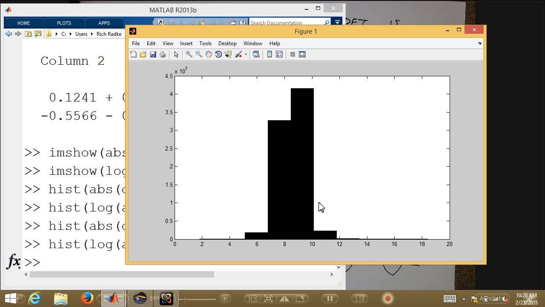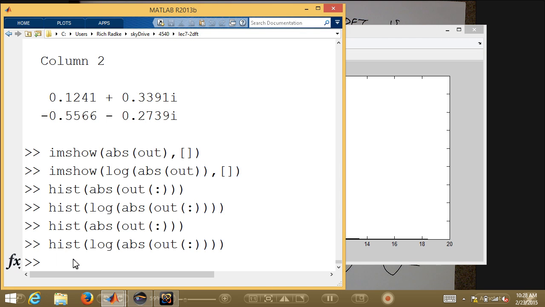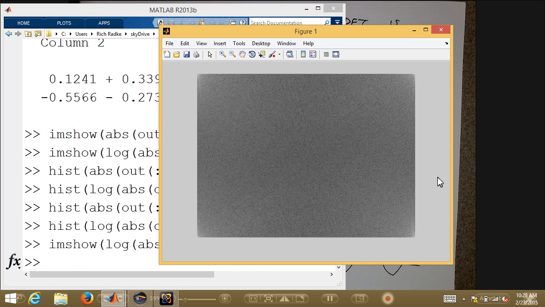So basically, there's a range of values. If I view things in the log scale, things are a little bit more evenly dispersed. And if I look at the image of the log scale, like this, again, this is not a super exciting image.